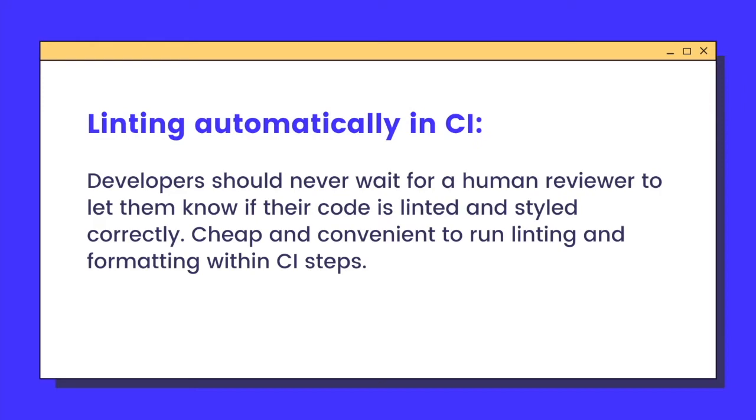And of course, if your CI system is running tests automatically every time new code is pushed, the code could be automatically linted as well. Programmers shouldn't have to wait for a human reviewer to tell them whether the code is linted and styled appropriately. In most cases, it's cheap and convenient to run linting and formatting automatically within a CI system. So an easy solution is you get another checkmark.